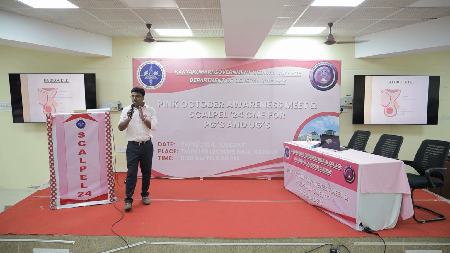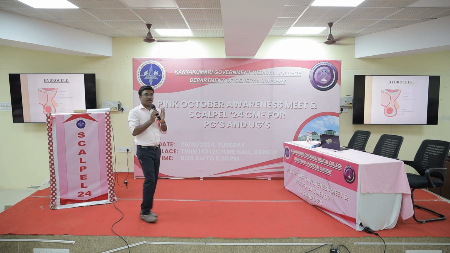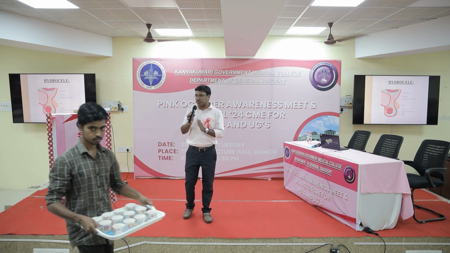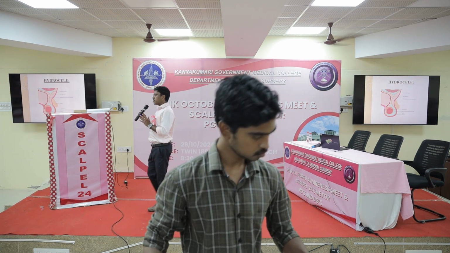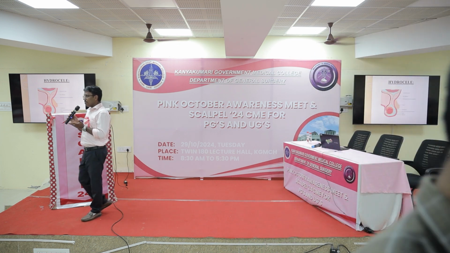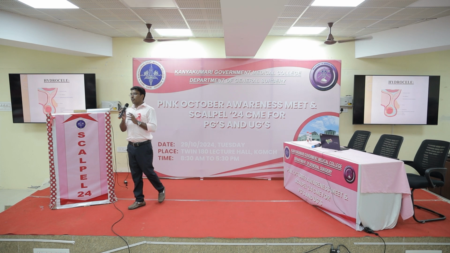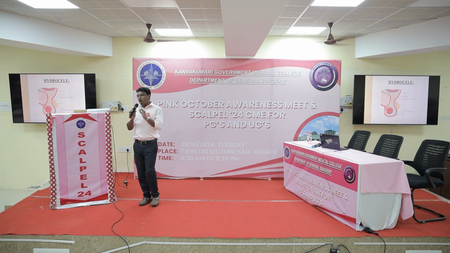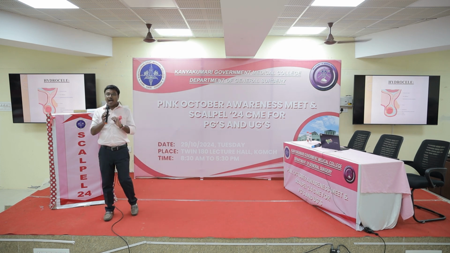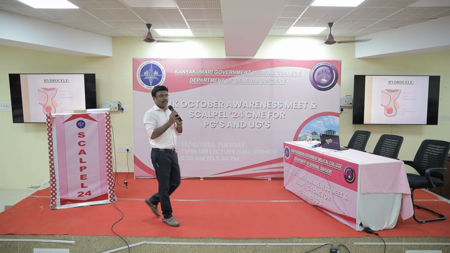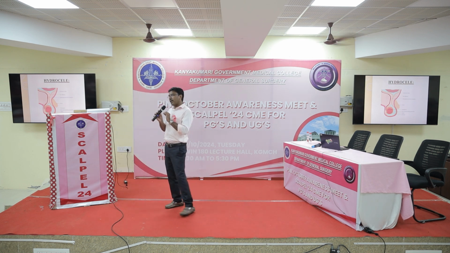After confirming the fluid content with positive fluctuation, you have to test for transillumination. With the patient in standing position, place the torch over the anterior aspect, or in the lateral aspect.